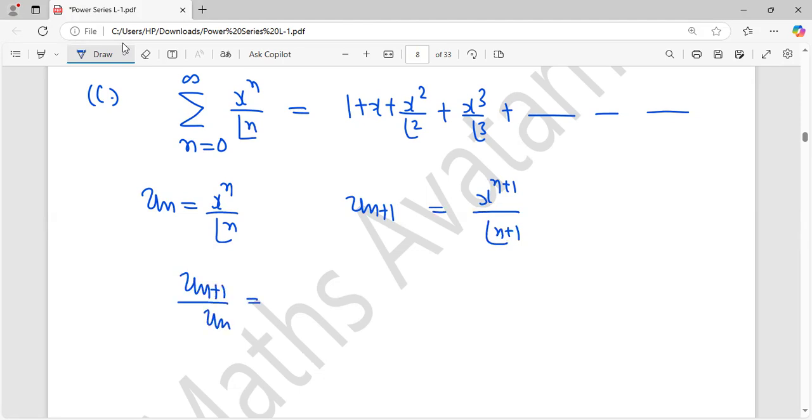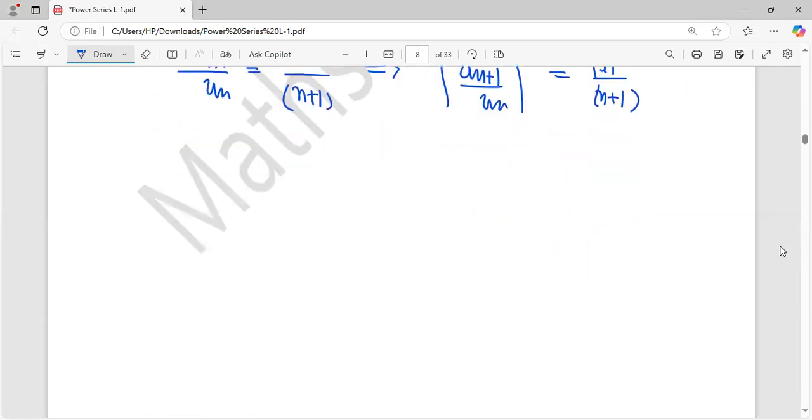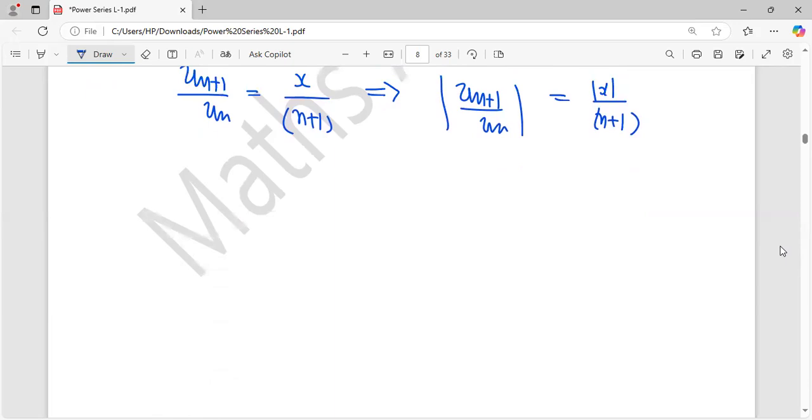That is x upon factorial n plus 1. So this implies un plus 1 upon un is nothing but absolute x upon n plus 1. So what is the limit of this? So this implies limit n tending to infinity un plus 1 upon un is equal to, for any x, you take any x.